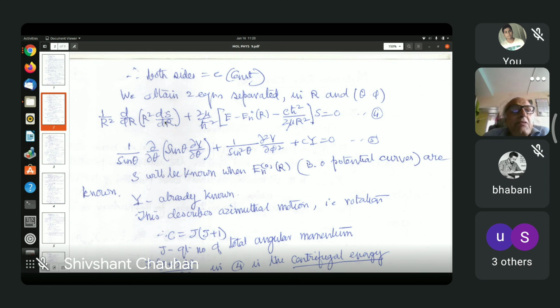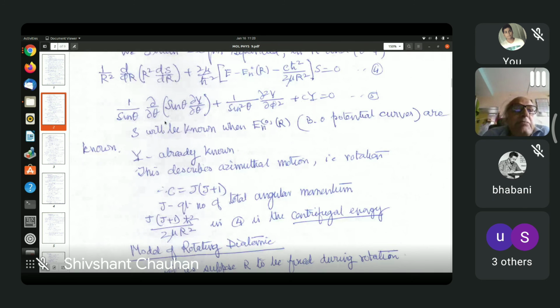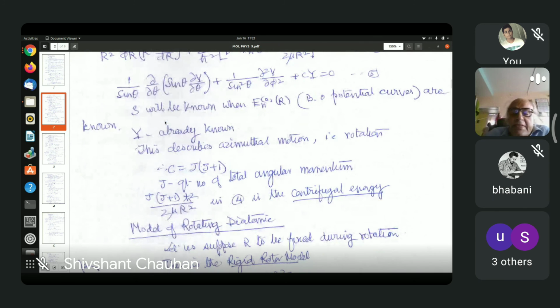Here instead of L we are writing J. So the constant is J(J+1), and J is the quantum number of total angular momentum. This is the total angular momentum of the nuclei. We are not considering the electronic angular momentum right now.